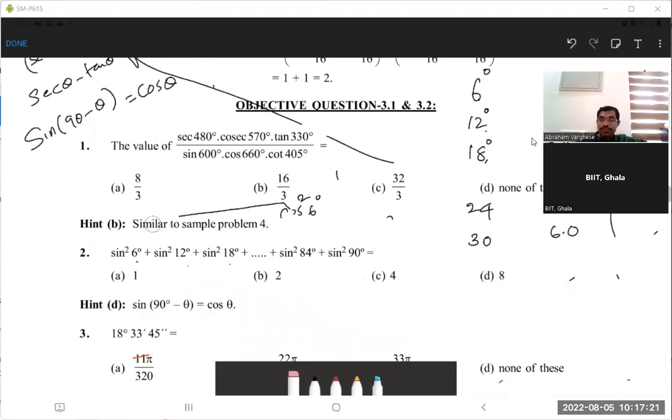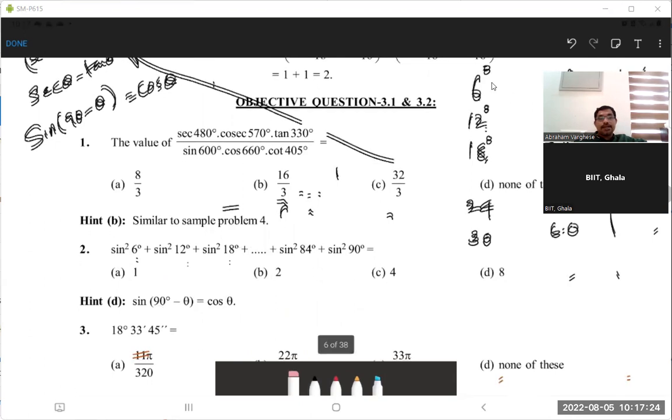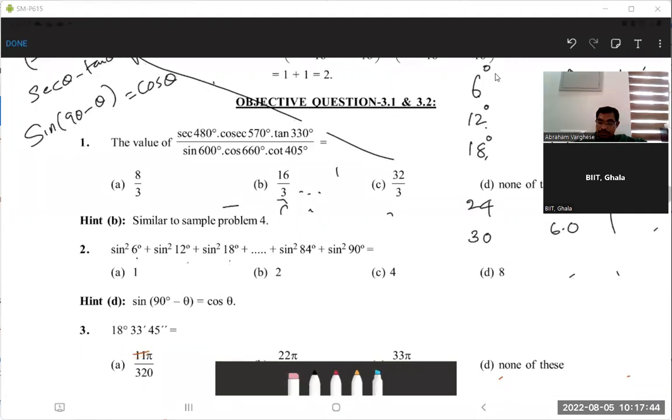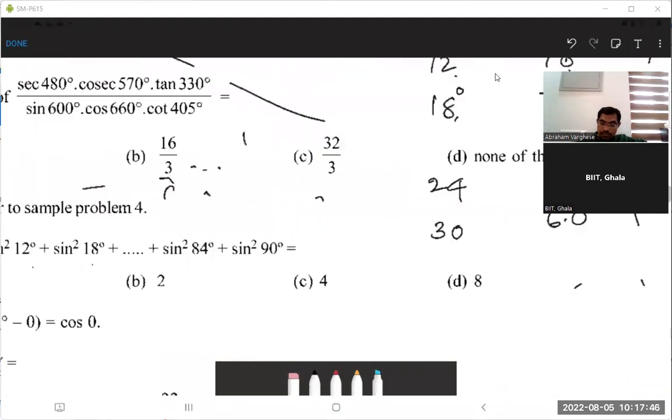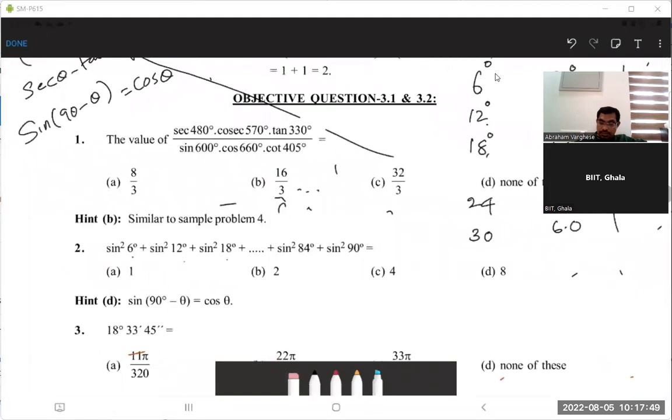You understood? Is the idea clear or not? No reply? Asta, Shreya, did you understand or not?